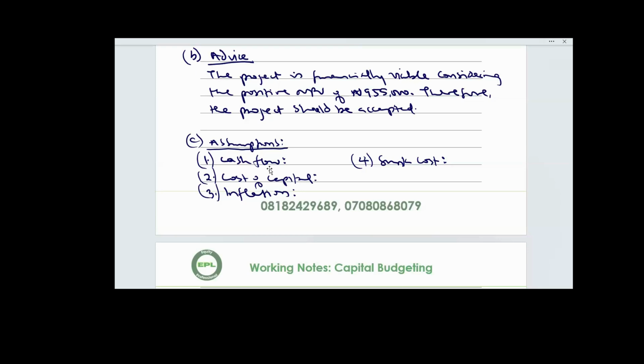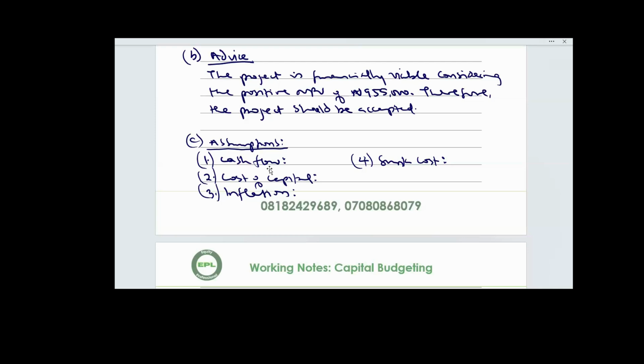So you say it is assumed that the cash flow estimates are realistic and will occur at the end of each year. All cash flows have been inflated at the appropriate inflation rate.